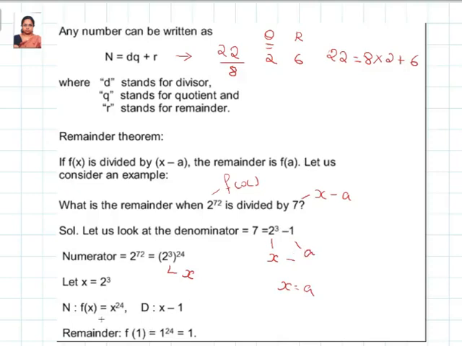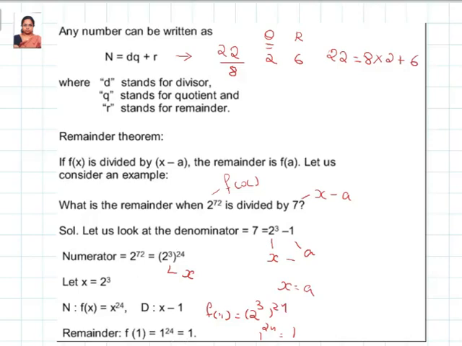So f of 1 is nothing but 2 power 3 whole to the power 24, where instead of x, you substitute 1. So it's going to be 1 power 24, which is nothing but 1. That is what is mentioned here.